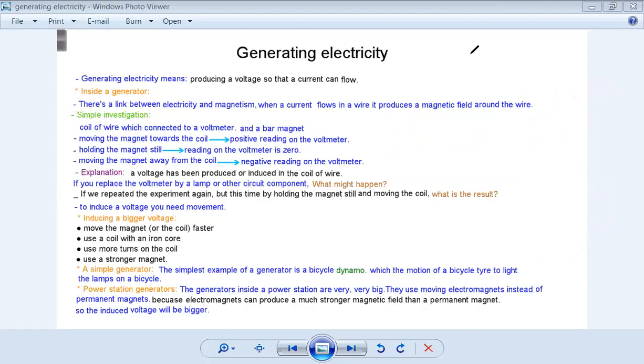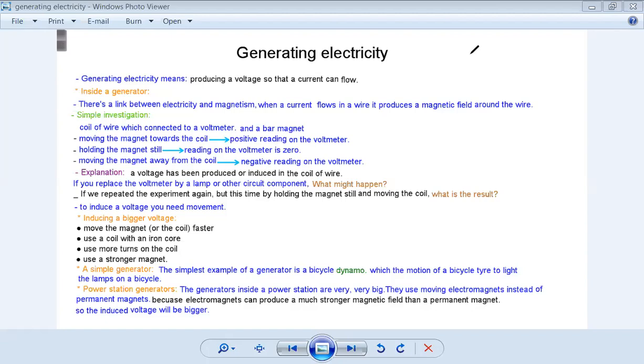What is this dynamo? It depends on the motion of the bicycle to transfer the energy of this movement to create electricity or voltage to light up the lamp on the bicycle. If the cyclist is not cycling, the lamp will be off. If the cyclist is cycling, the lamp will be on.